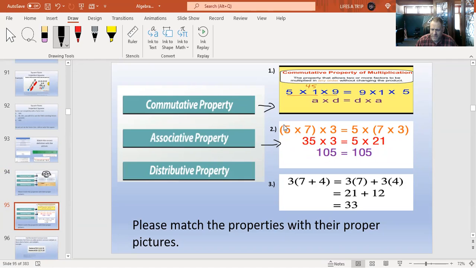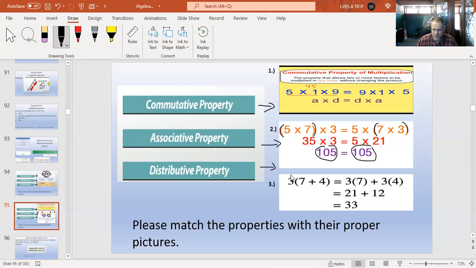All it is, is the parentheses are just in a different place, but the same number should appear on both sides.